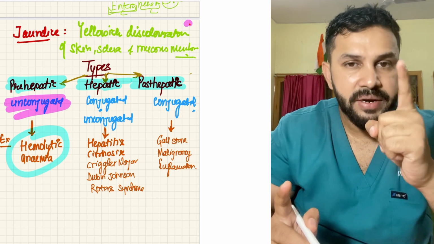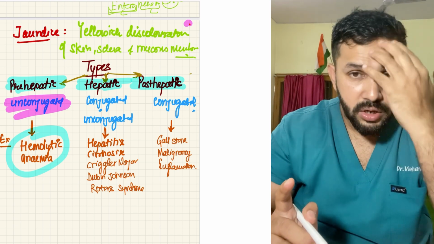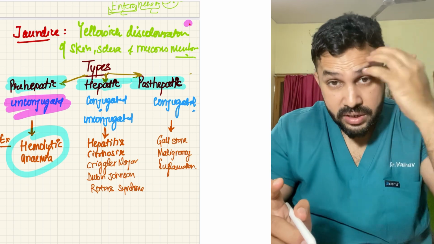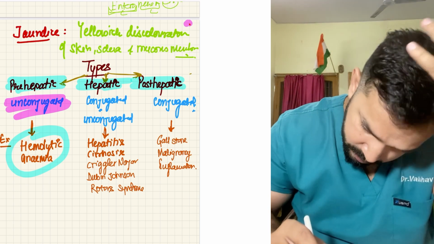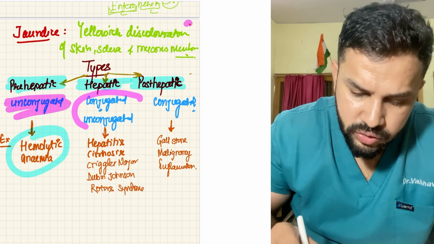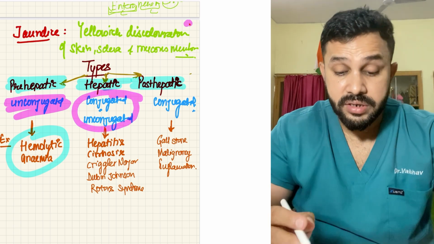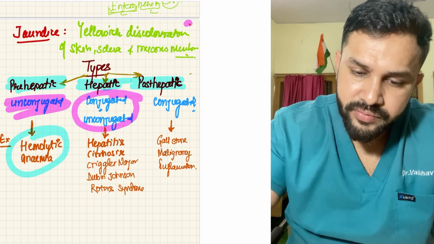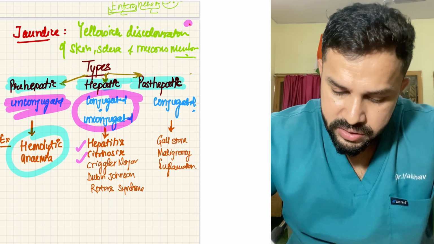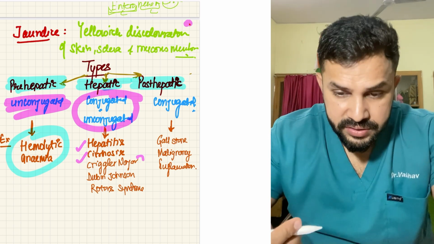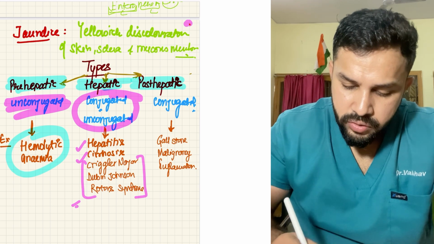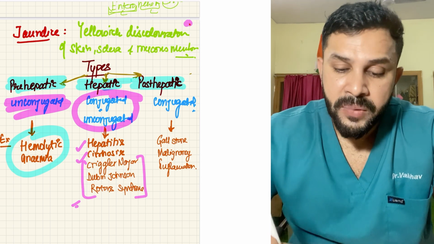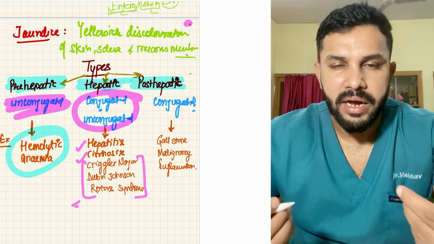In hepatic jaundice there is conjugation, which occurs in the hepatocyte. The part where conjugation has occurred is called conjugated, plus the other is called unconjugated. So both will be increased in hepatic jaundice, for example in hepatitis, cirrhosis, and diseases like Crigler-Najjar, Dubin-Johnson and Rotor. We'll see this. And the other entity is post-hepatic.